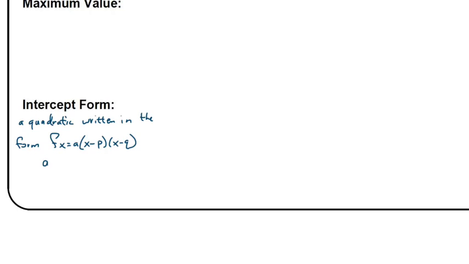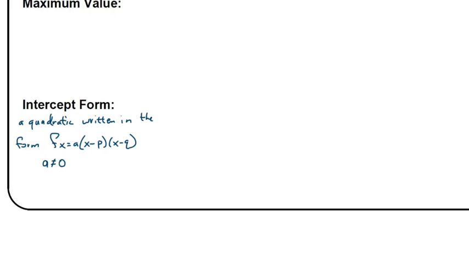And again, a cannot equal 0. Again, because if a equals 0, a times any of this is a times all of that, all of this would equal 0, and it would become a constant function. Alright, that's why a cannot equal 0.